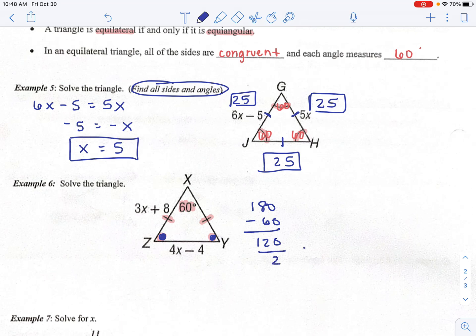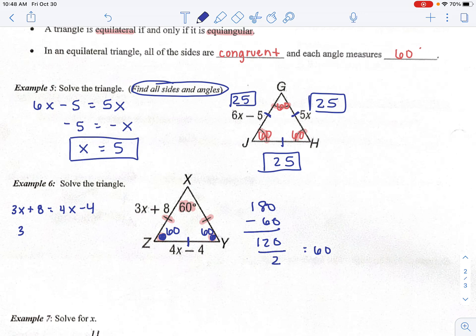So I have 120 degrees to use up between this angle and this angle. Now I know they have to be equal, so I'm going to do 120 divided by 2, and I get 60 degrees. So this angle is 60 and this angle is 60, which means this isn't actually an isosceles triangle. It's actually an equilateral triangle, because if all the angles are the same, that means all of the sides are the same as well.